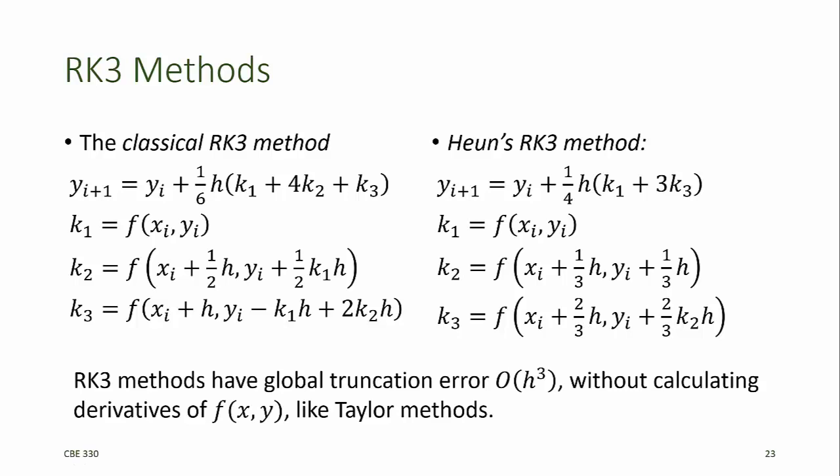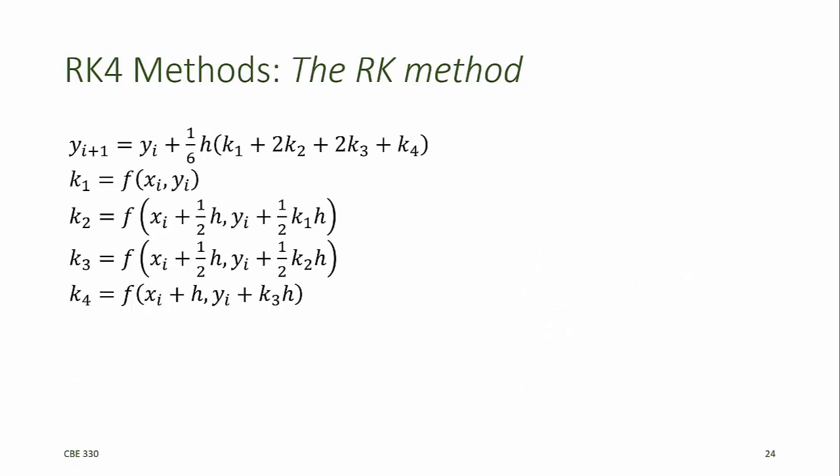Based on the derivation using the Taylor series, all of the RK3 methods will have global truncation error of order h cubed, and they only require multiple function evaluations of f, but do not require calculating derivatives of f. If we use the same technique to derive higher-order RK methods, we will always arrive at fewer constraints than we have coefficients. We'll look at just one RK4 method.